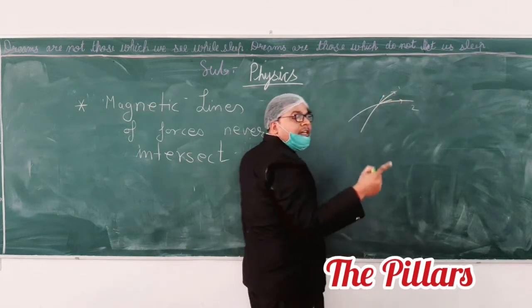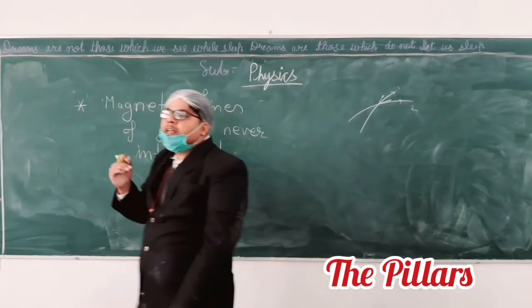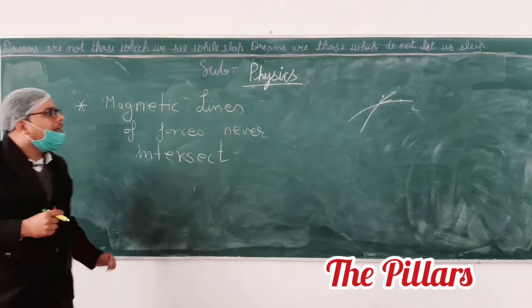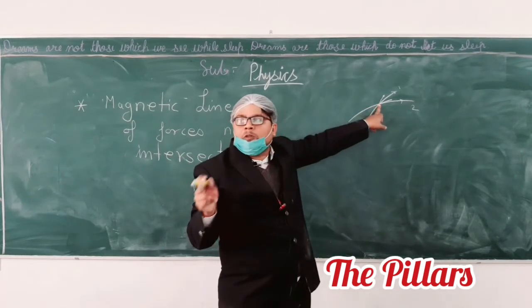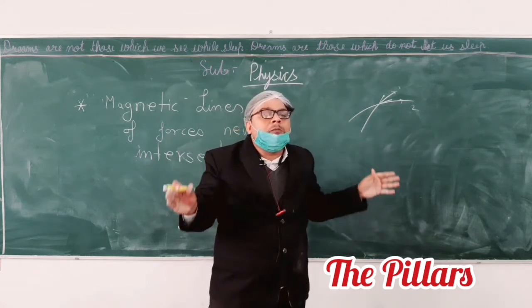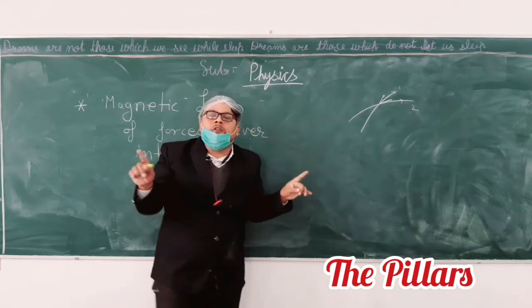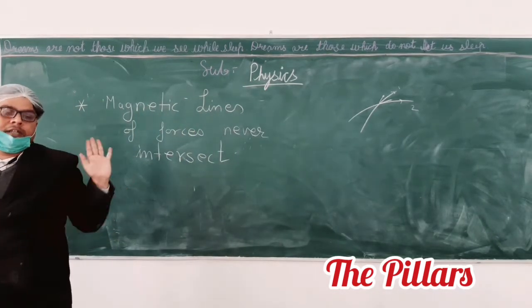And you know that tangent to the magnetic line of forces will give direction. Here we are getting two directions of magnetic field in a given region, which is not possible. That's why two magnetic line of forces never ever intersect. This point is clear, you can note it.